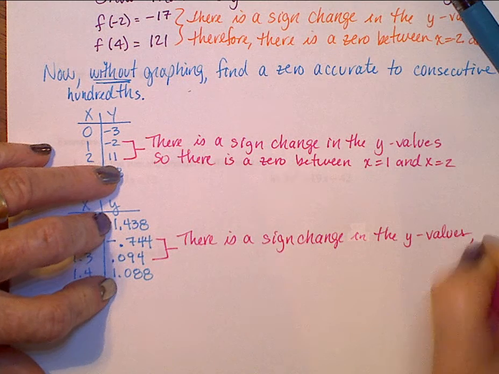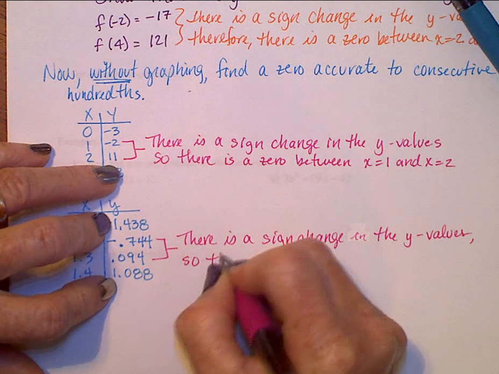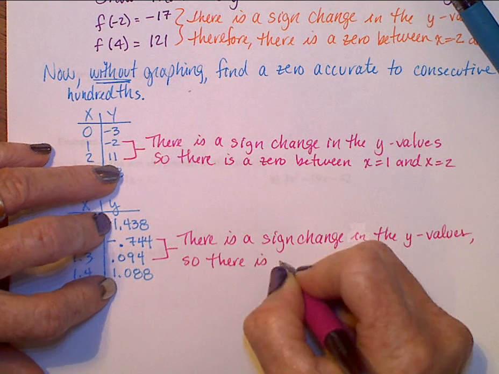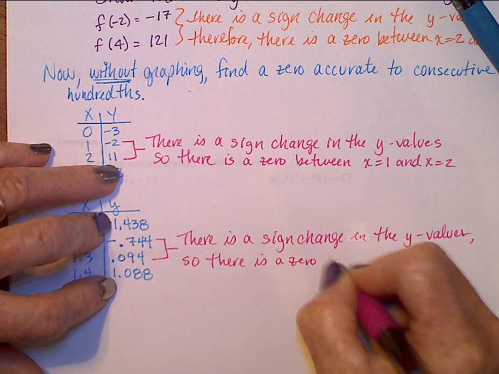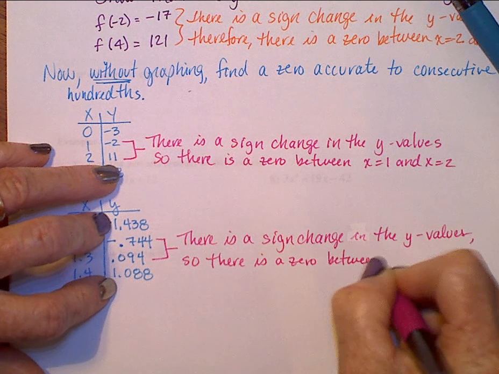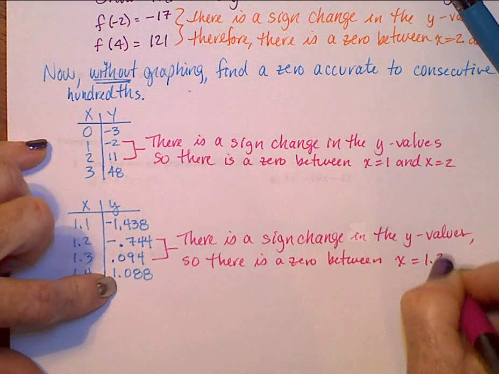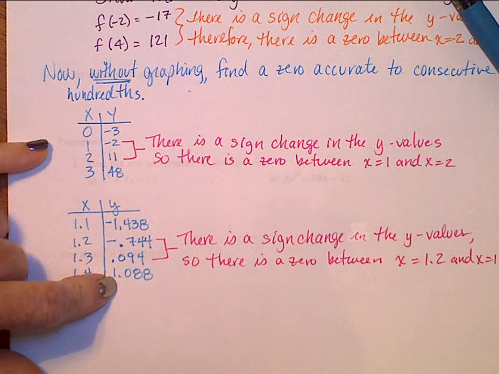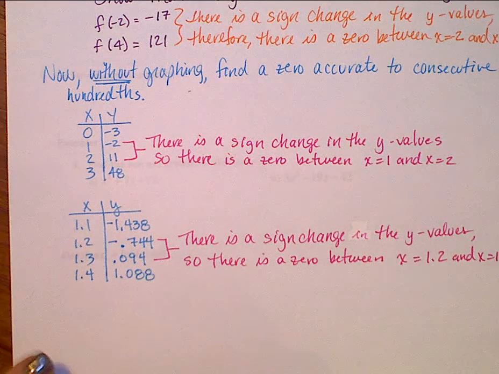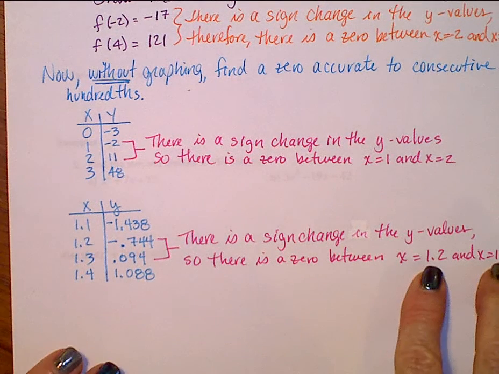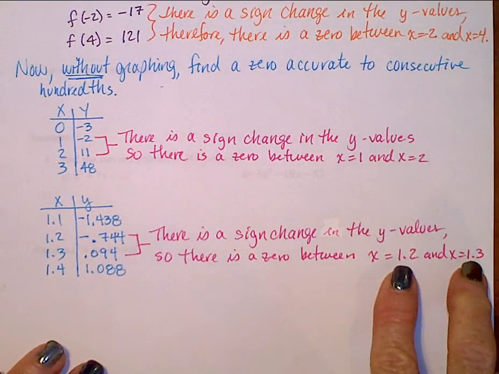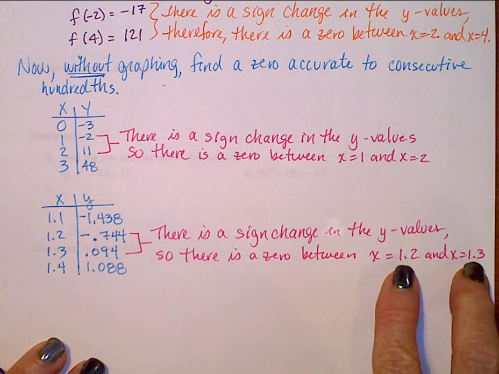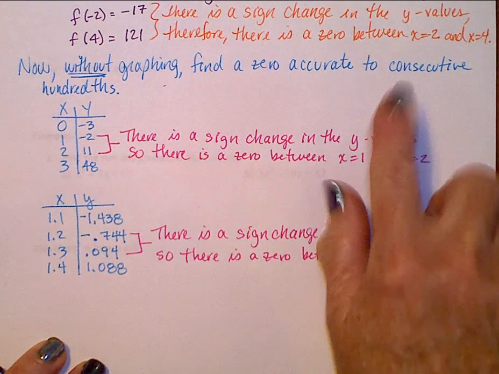So there is a 0 between x equals 1.2 and x equals 1.3. All right, right now we have our 0 between 1.2 and 1.3. That's between consecutive tenths. We need to be accurate to consecutive hundredths. So we're going to have to go one more time here.